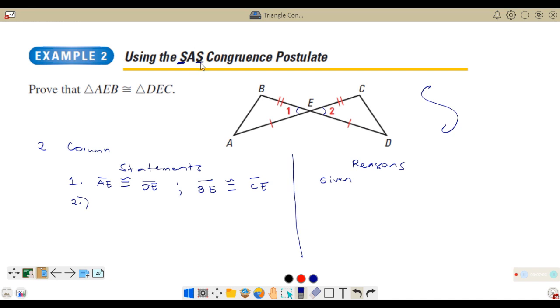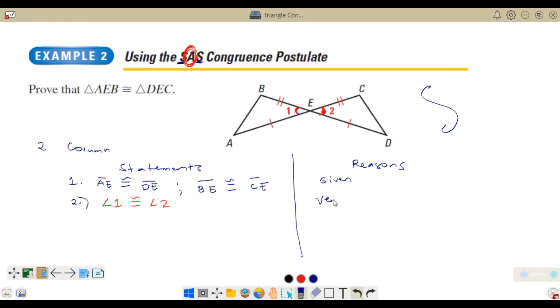Now, let's look at the included angle. Ayan, yung A sa gitna. So, na-identify mo na yung dalawang congruent na sides mo. Doon naman tayo sa congruent na angle. So, ang between ng AE at BE ay angle 1. At ang in-between ng CE at ED ay angle 2. So, we have to prove that angle 1 is congruent to angle 2. Ano yung pwede nating maging reason?